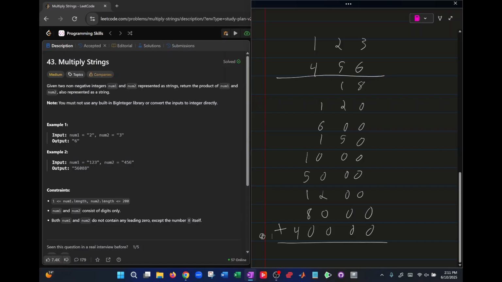What we do for each of these steps is, let's take this one for example, because this is going to be 1, 2, 3, 1, 2. So this was 50 times 20.